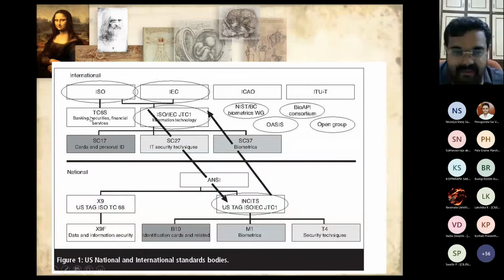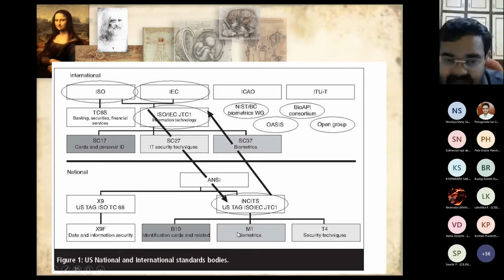So many standards. In international standards organizations, there is IEC, the International Electrotechnical Commission, and ICAO, the International Civil Aviation Organization, because a lot of biometrics are used for passports, for travel. There is the International Telecommunication Union, and there may be vested interests. ISO is very much European in nature, IEC is European, ITU-T is American.